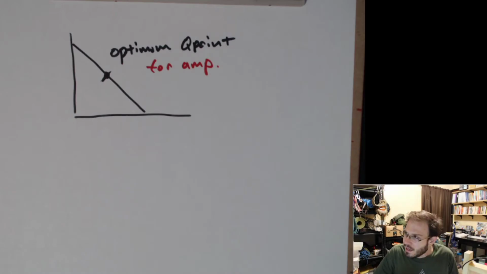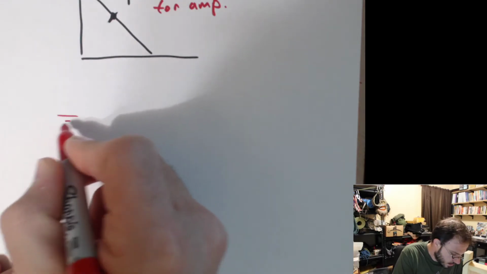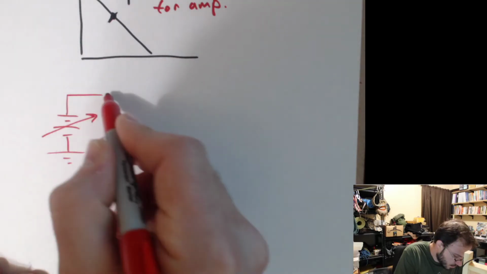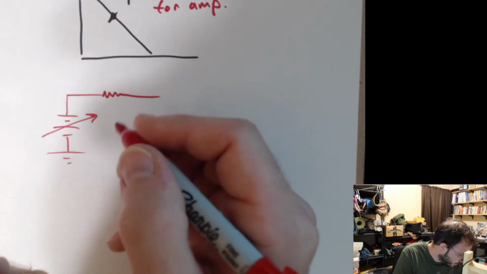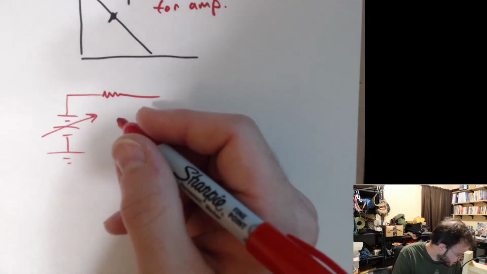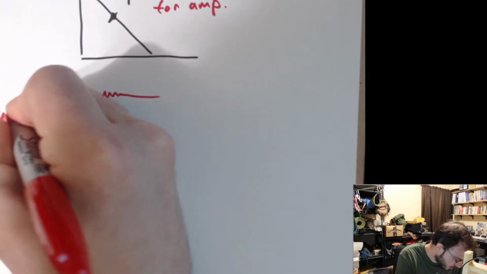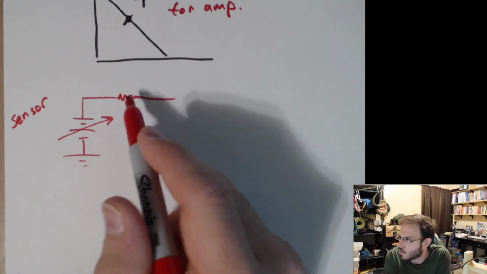Now, that being said, when we talk about an output coming out from a sensor, if you think about the sensor providing a signal, we can always model a sensor as a variable voltage with a series resistance.